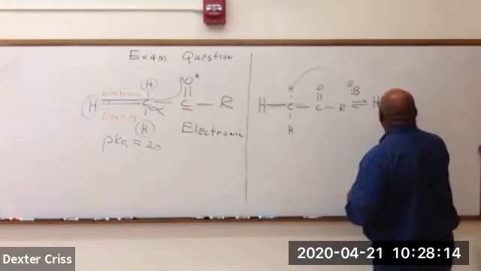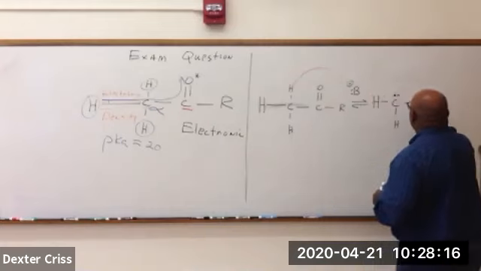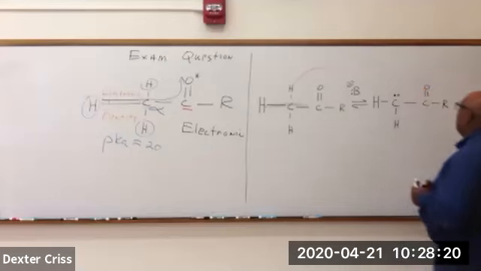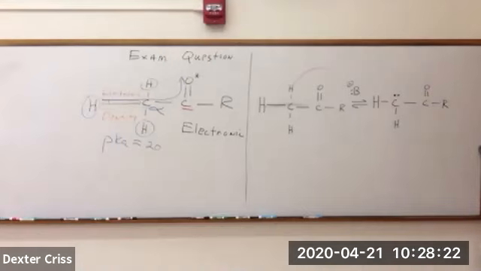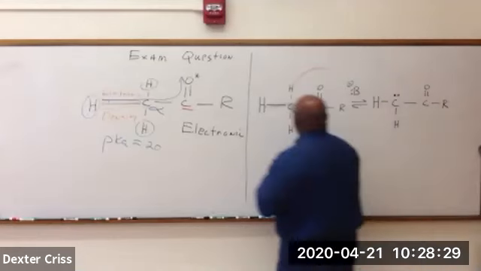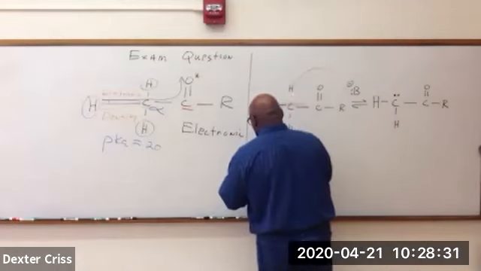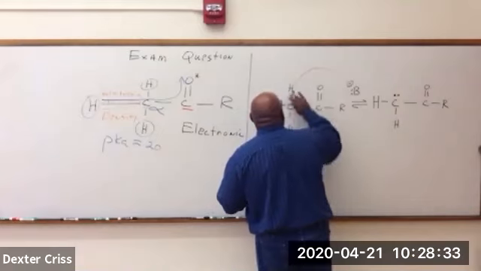I'm going to leave those electrons in place, like so. So I had the base remove the hydrogen, but I left the electrons on the carbon. Make sure you can see that.